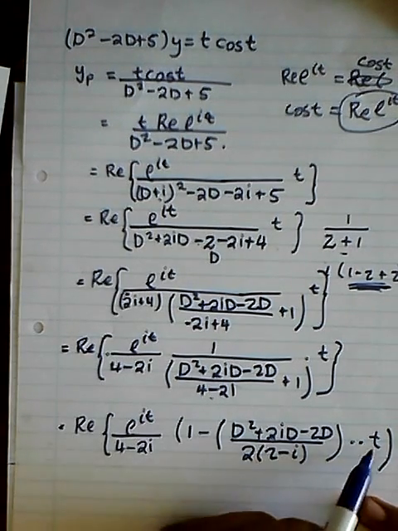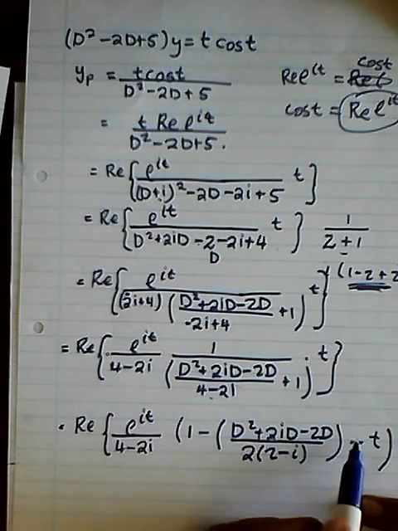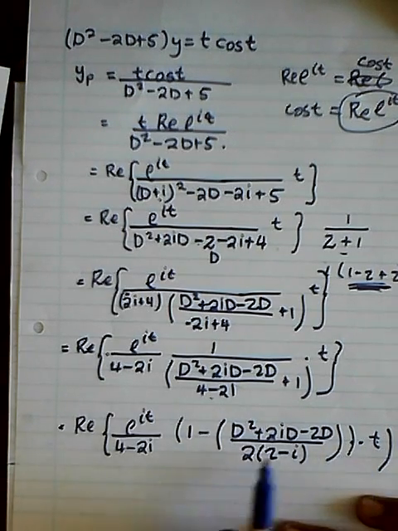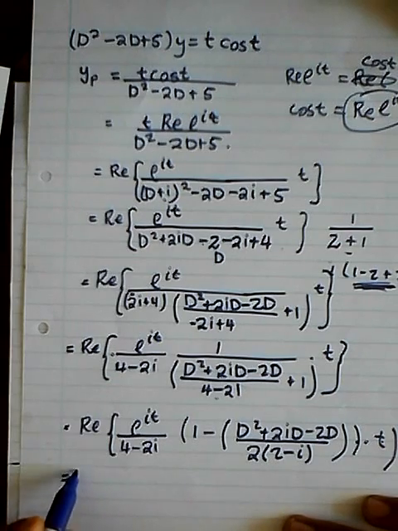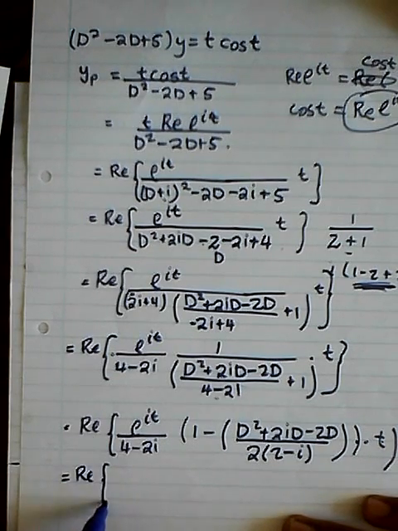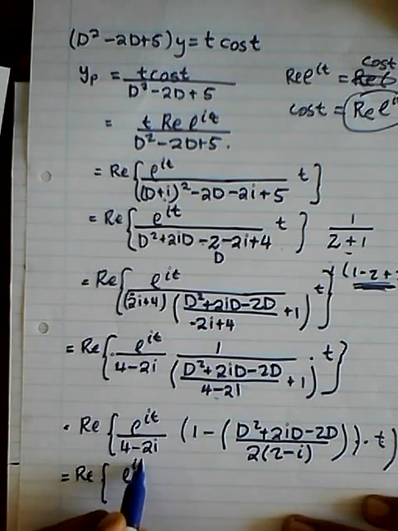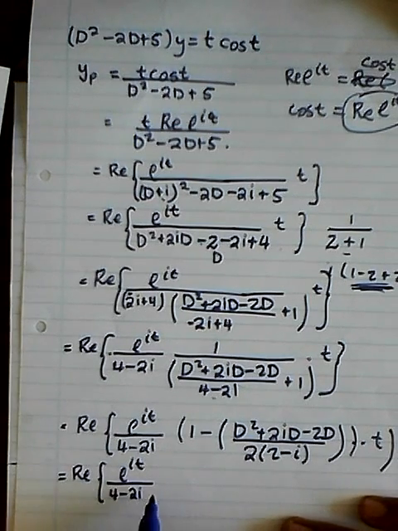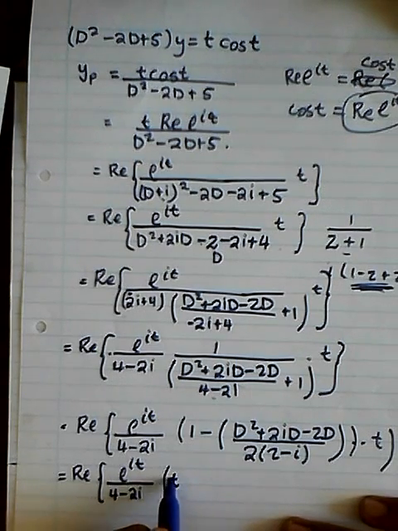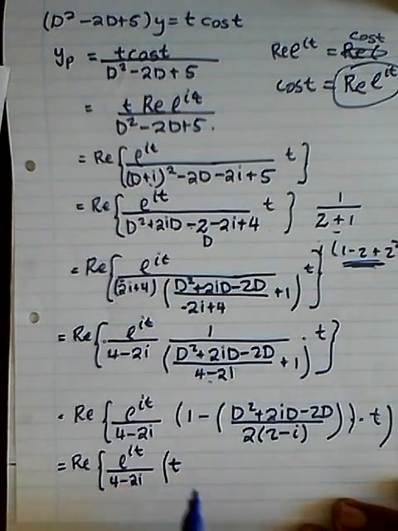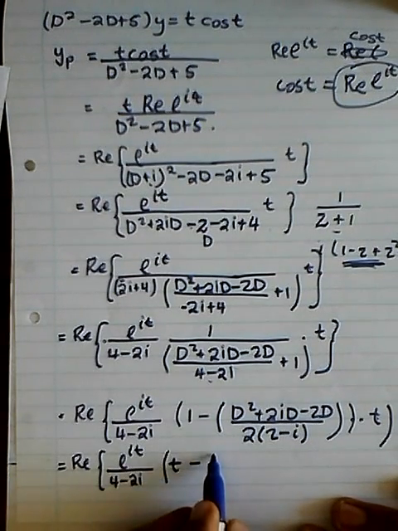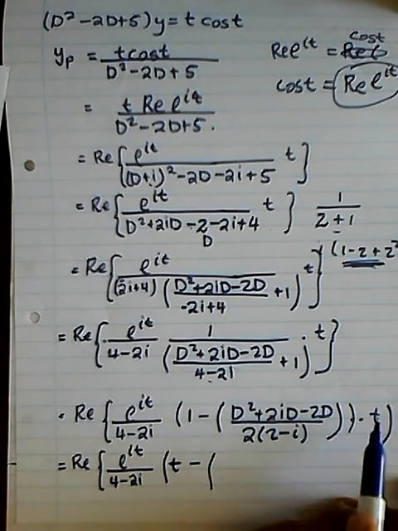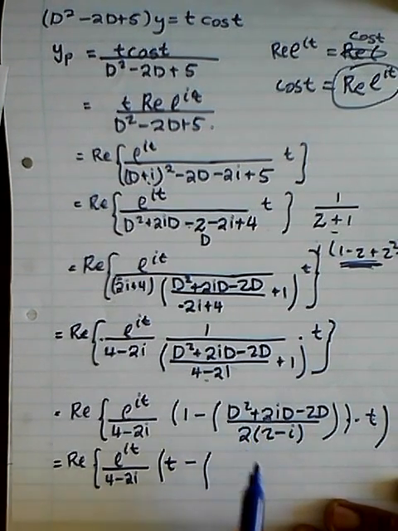Okay, so let us multiply everything in the bracket here by t. So we're going to get the real part of e to the it divided by 4 minus 2i of t, and then this t we subtract. When we take the derivative of t twice, we're going to get 0.